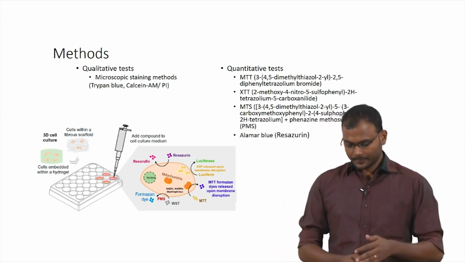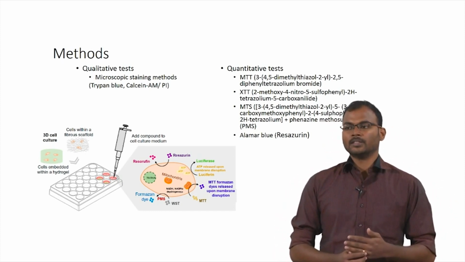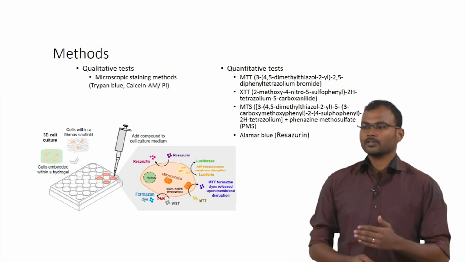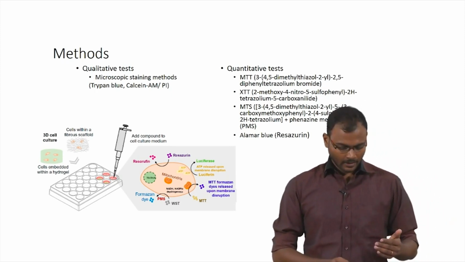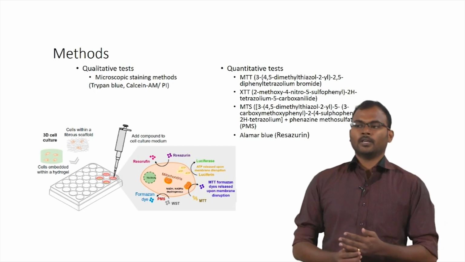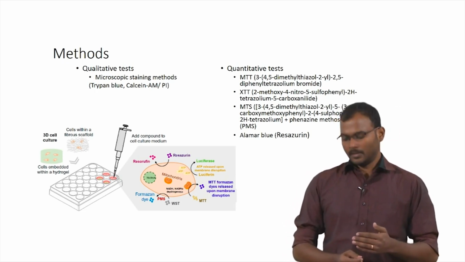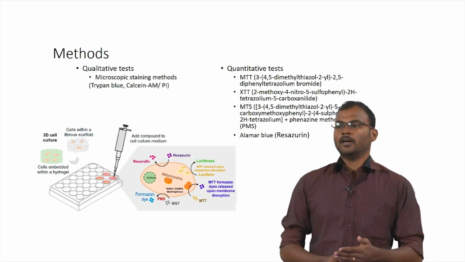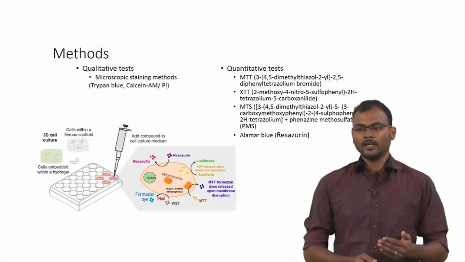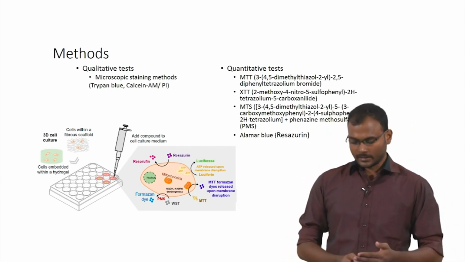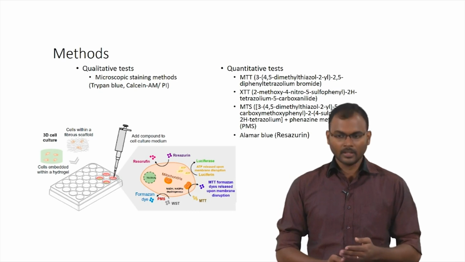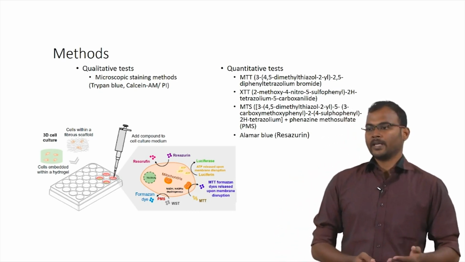Next to that is the Alamar blue assay, which involves resazurin dye. This dye involves a cytoplasmic redox reaction. It goes into the cells, and due to the redox reaction it converts into resorufin, which gives a pink color.